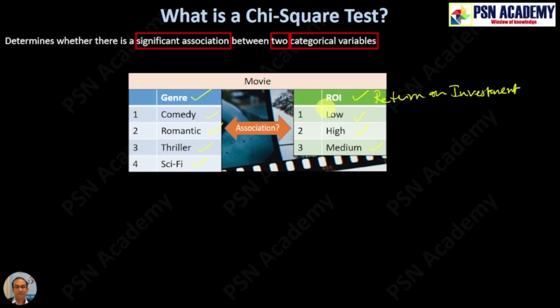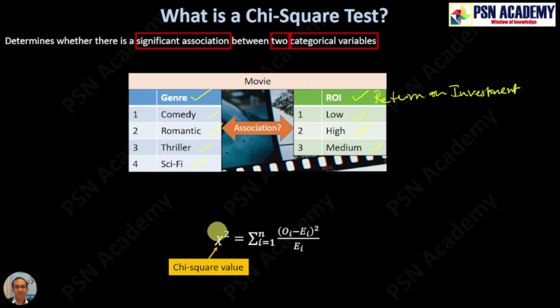And you want to see whether there is a relation or some association between genre and ROI. Whether genre is a deciding factor for a better ROI. That means based on comedy or romantic or thriller or sci-fi, whether you will get a high, medium, or low ROI. Clear?